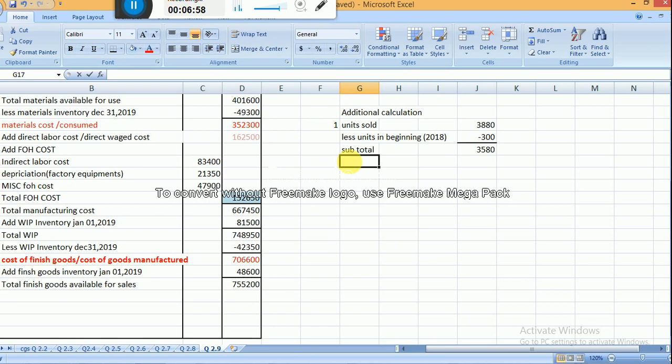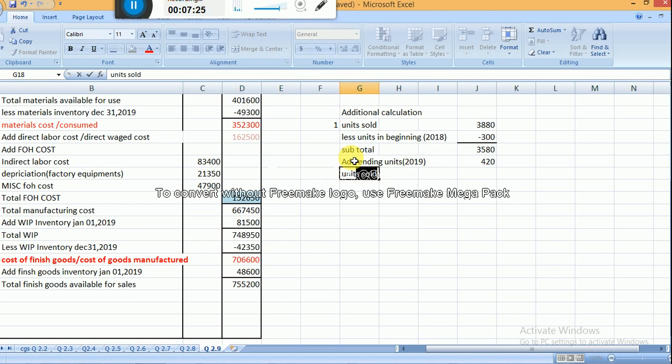Add ending units. Ending units means of the 2019 units, 420 units.